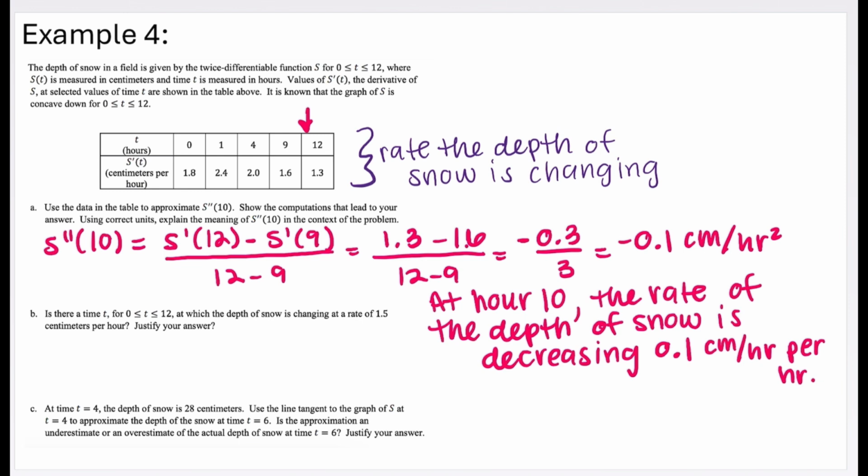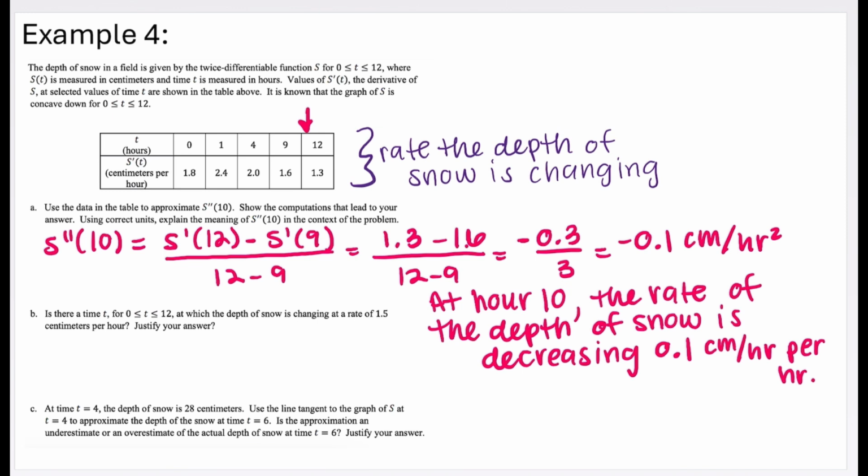So it's not snowing as fast, but it is still snowing. Just the rate is decreased, not the amount of snow. Obviously, the amount of snow is not going to decrease until it warms up and melts, right? Your depth keeps increasing, but since the second derivative is negative, the rate at which it's increasing is decreasing, if that makes sense.